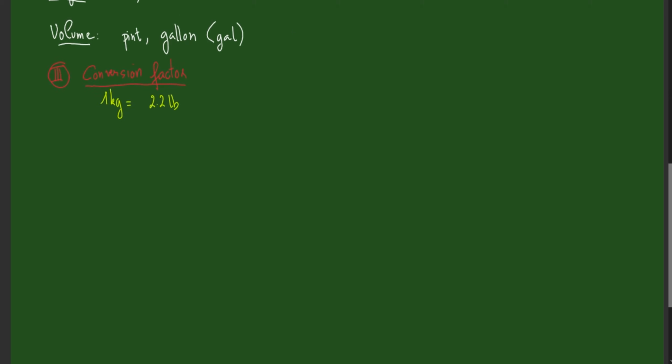Then you can write the conversion factor. The conversion factor will be 1 kilogram over 2.2 pounds. So this is a conversion factor, and 2.2 pounds is 1 kilogram.